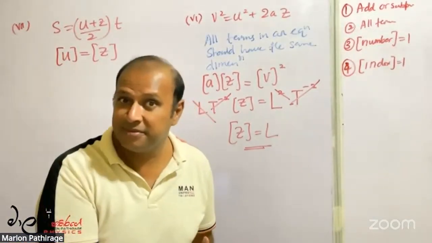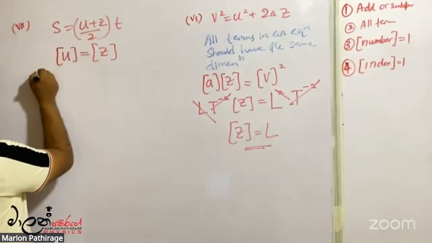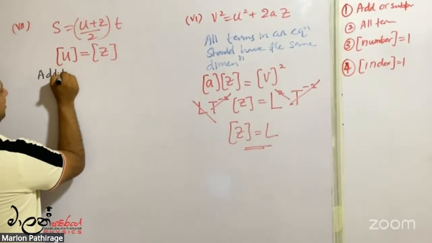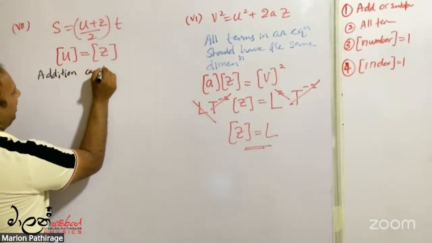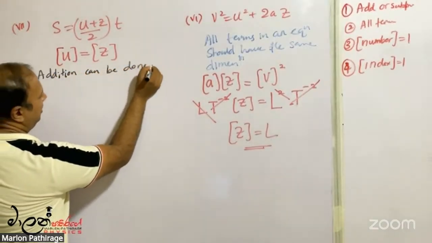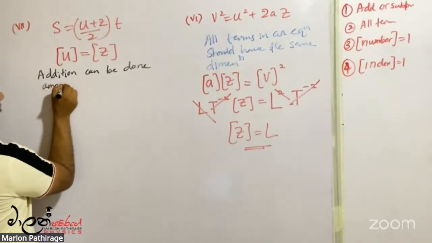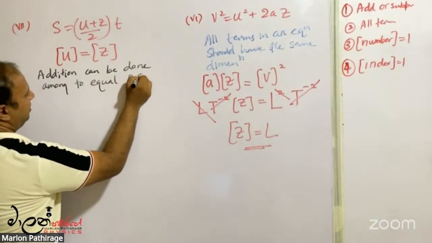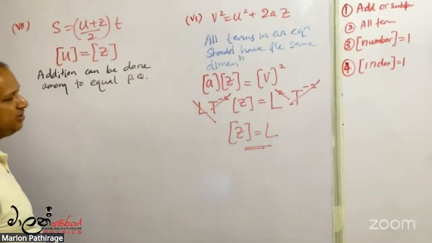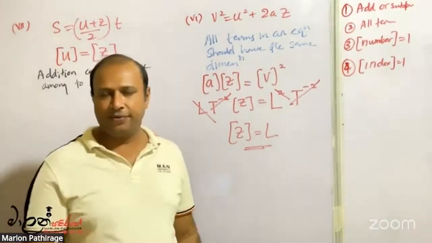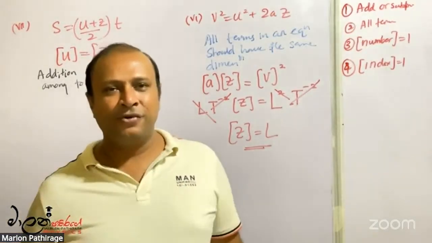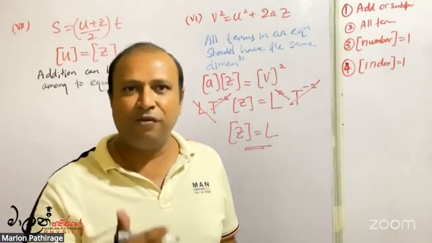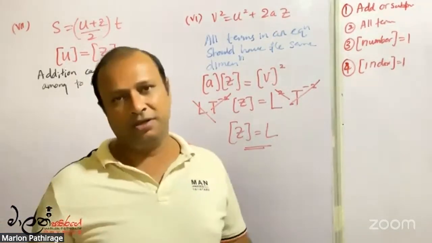The argument: addition or subtraction can be done among two equal physical quantities. Therefore, Z and U are two equal physical quantities. So the dimension of Z should be equal to the dimension of U.